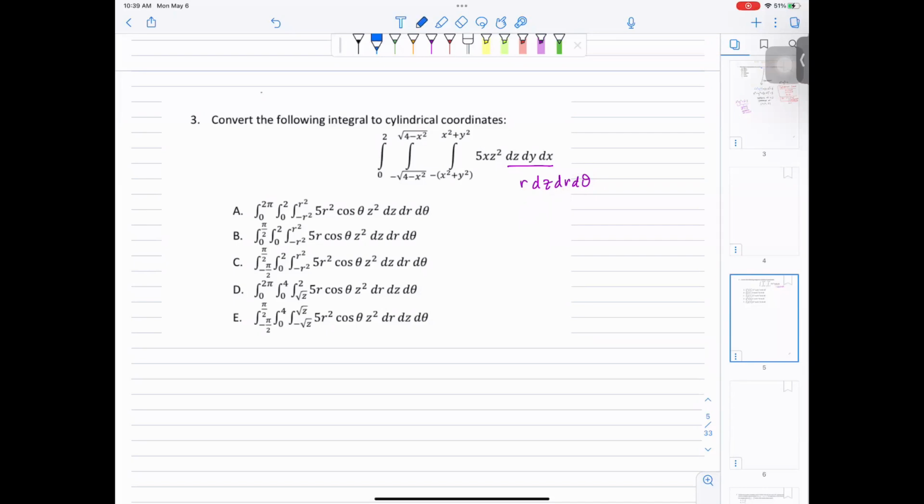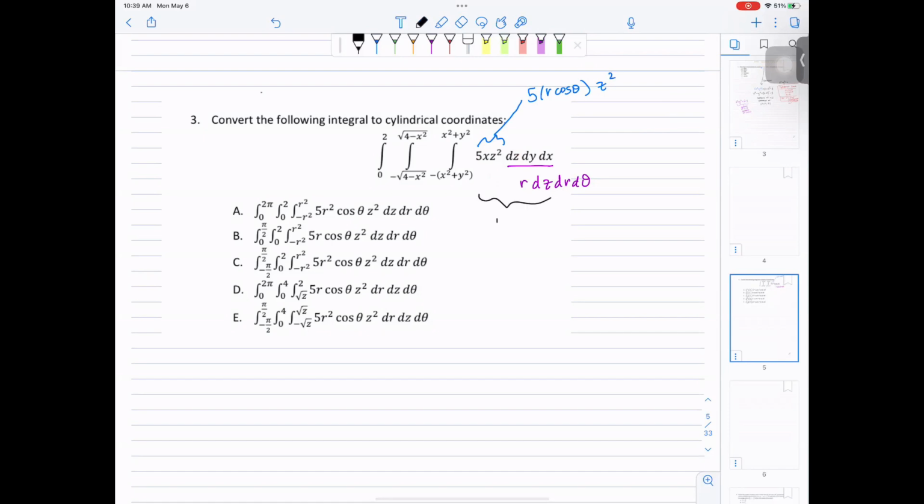What is the integrand? The integrand in cylindrical coordinates, x is r cosine theta. What is z? Z is still z, so z squared. So in total, in my integrand, I have a 5r squared cosine theta z squared.